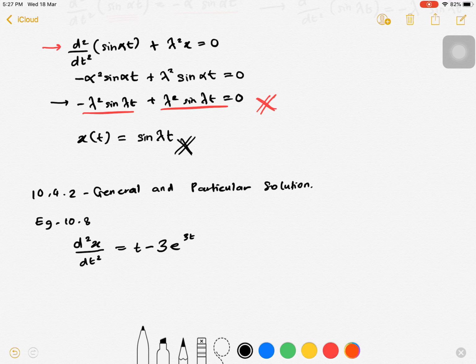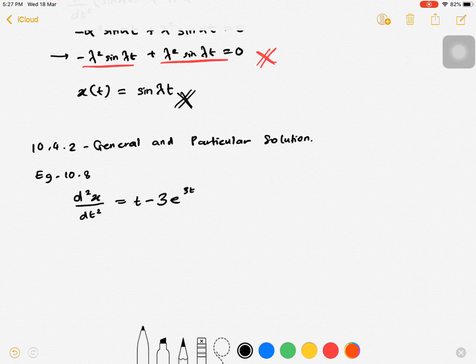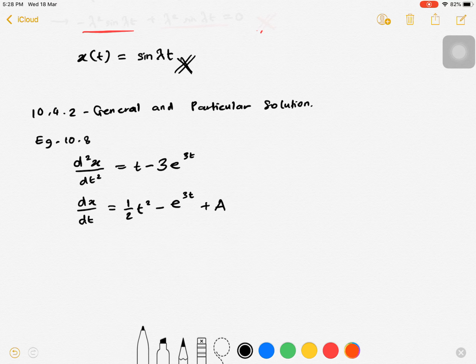We just need to integrate twice. So when we integrate once, dx dt, we will get 1/2 t square minus e to the 3t plus a. So when we integrate, we will have an additional constant.